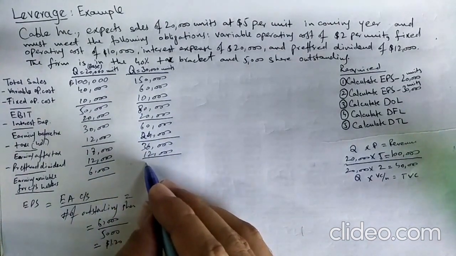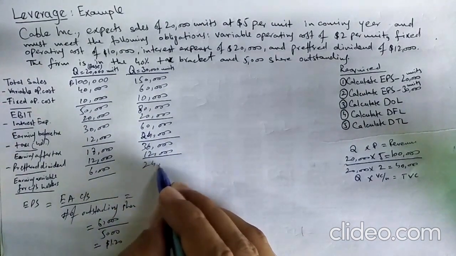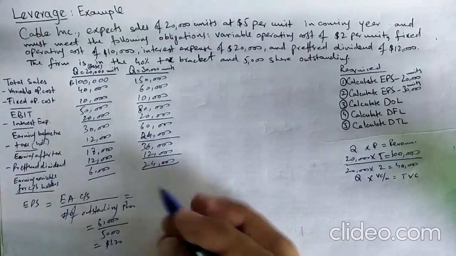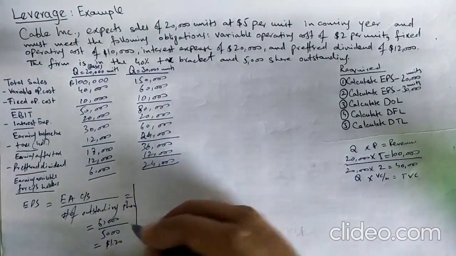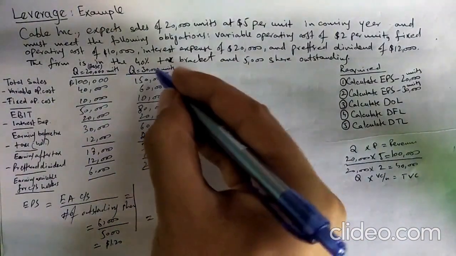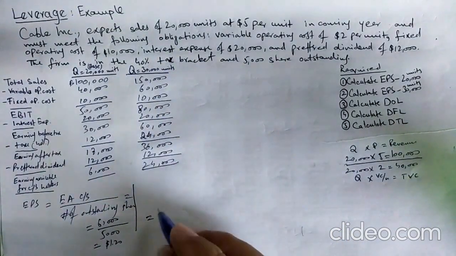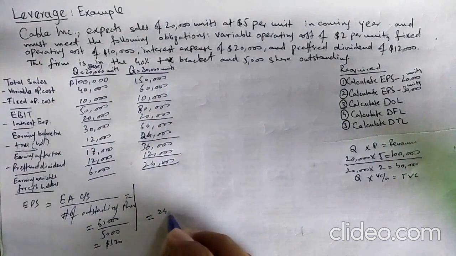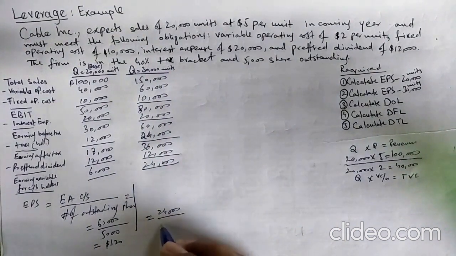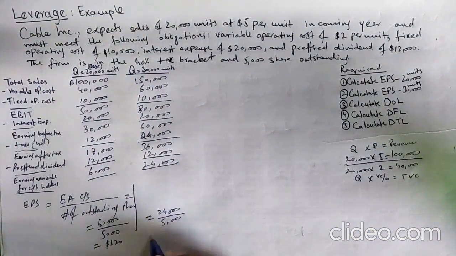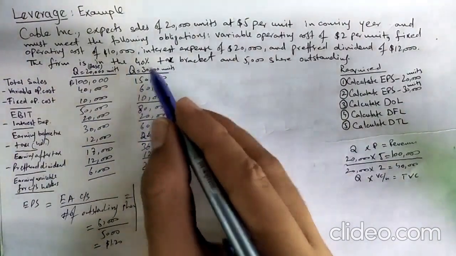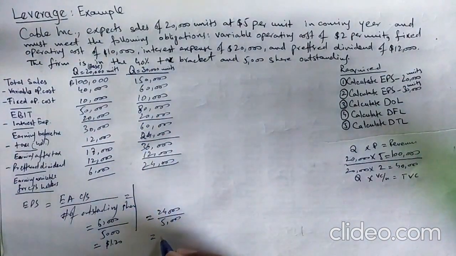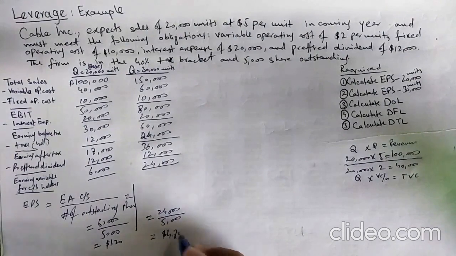After paying the preferred dividend, we have an income of 24,000. So now we can calculate the earning per share for the second scenario, when we produce 30,000 units. Here the earnings available for common stock are 24,000, and the number of shares is 5,000. If we sell 30,000 units, then our earning per share will be $4.80.